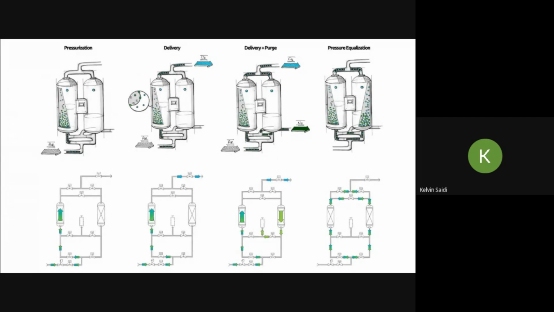Exhausting, otherwise known as depressurization, is a process where nitrogen is removed from the sieve bed through the exhaust muffler. It is important to note that the pressurization and depressurization processes happen in an alternating sequence.